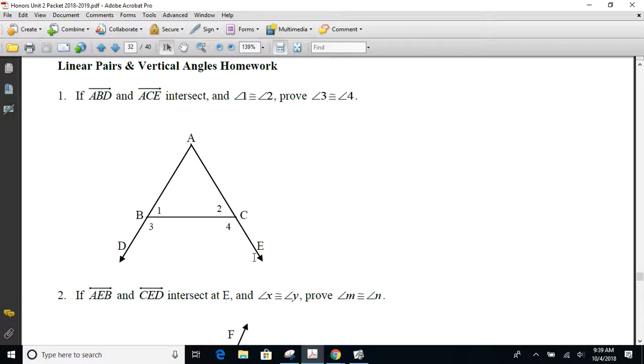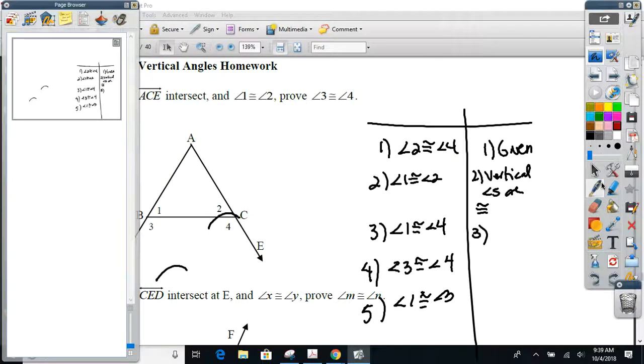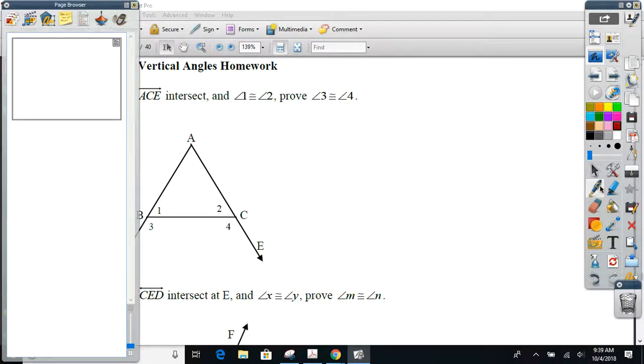That's one way. Another way, what do I know about 1 and 3? Start using your vocabulary here. 1 and 3. Linear pairs, keep going. That makes them supplementary. What do I know about 2 and 4? They are linear pairs, so they're supplementary. Do I have a theorem that says anything about angles that are supplementary to congruent angles?